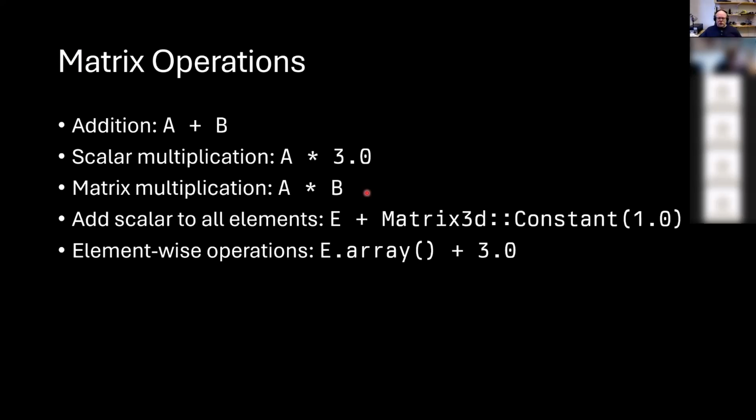If you want to add a scalar to every element, you can use matrix plus constant. If you want to do element-wise operations, you need to use the array method of the matrix to get access to the array part, and then you can add element-wise to the array. You treat the matrix as an array, not as a matrix concept.